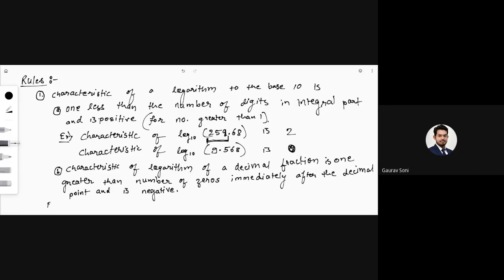Example: characteristic of log to the base 10 of 0.2.